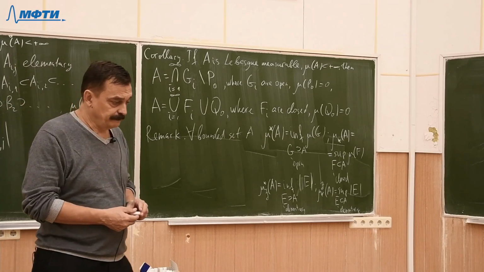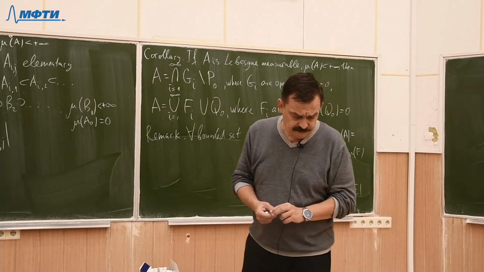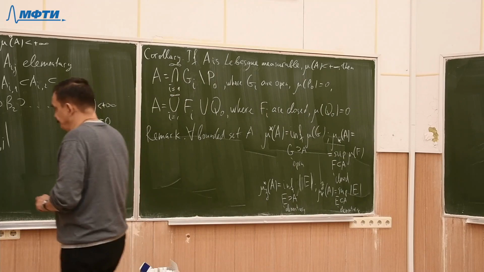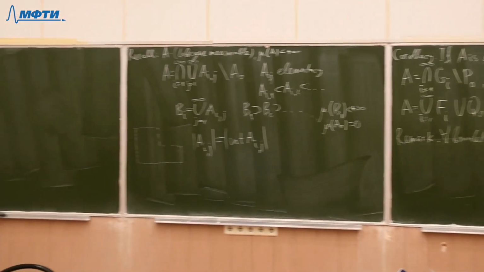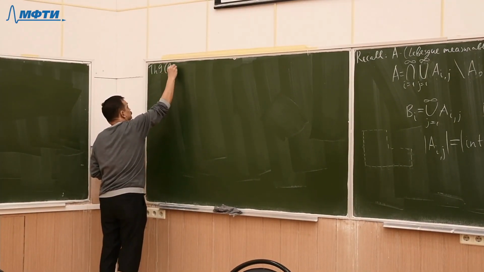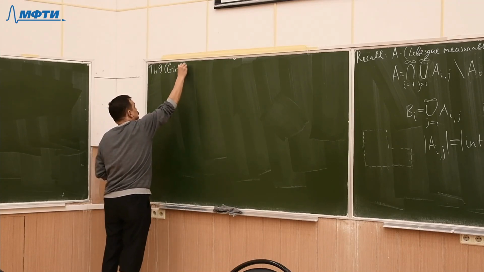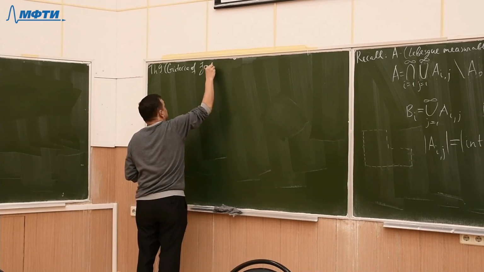Okay, so now let me give a useful criterion, Theorem 9, criterion of Jordan measurability.